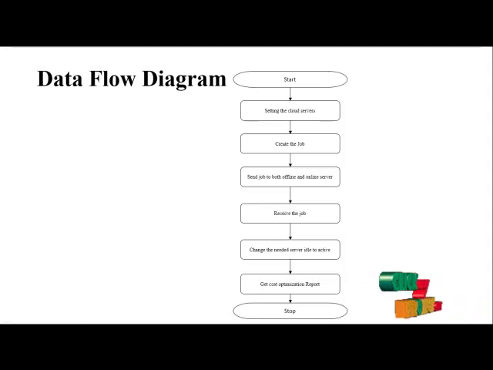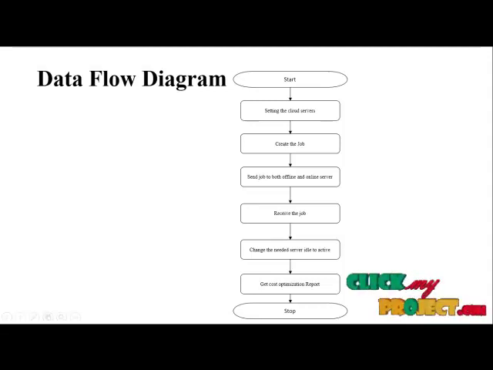After creating the jobs, we assign the job value for each and every job to the cloud service and send the jobs to both the offline and online servers in the cloud services. After sending the jobs, the cloud server will receive the files, analyze the jobs and calculate the needed servers to work for processing the files.